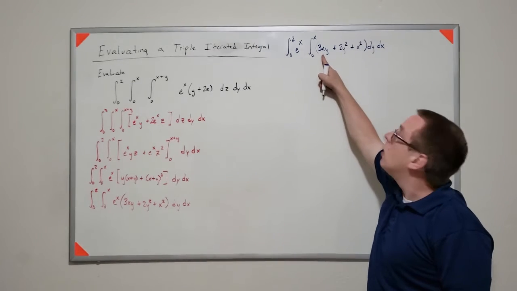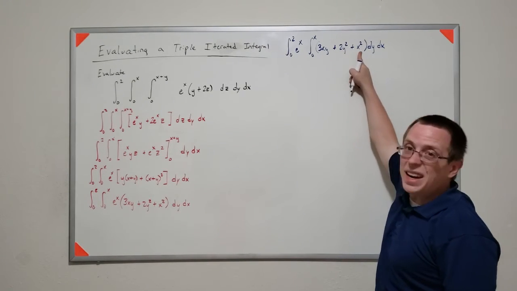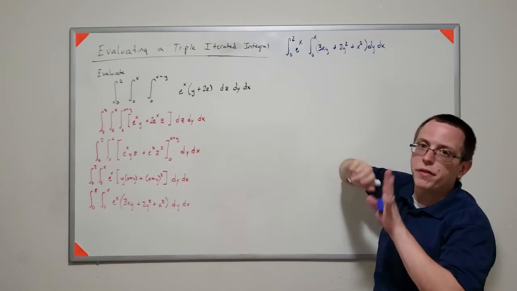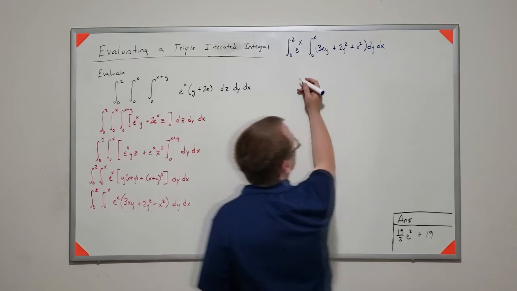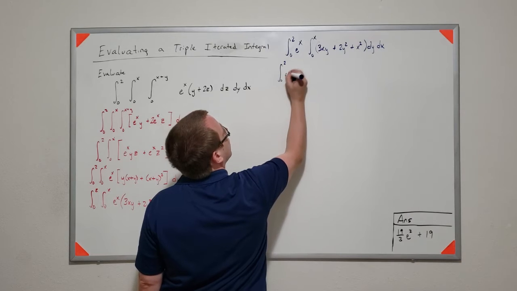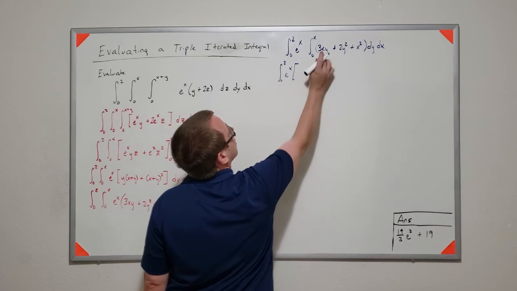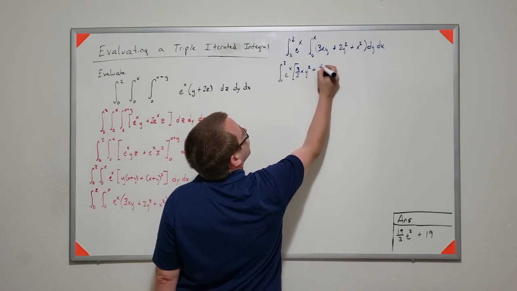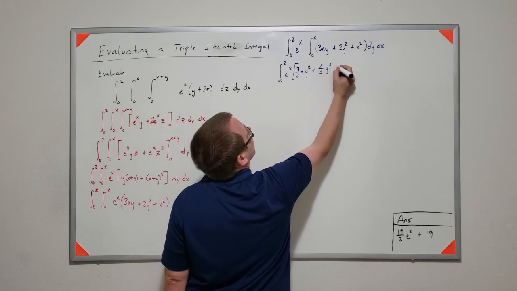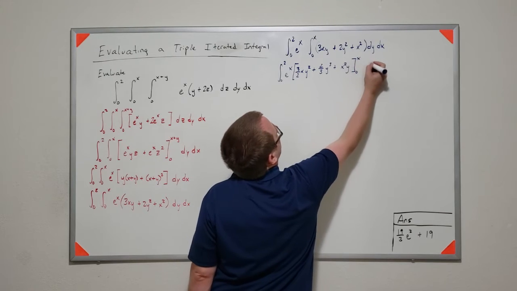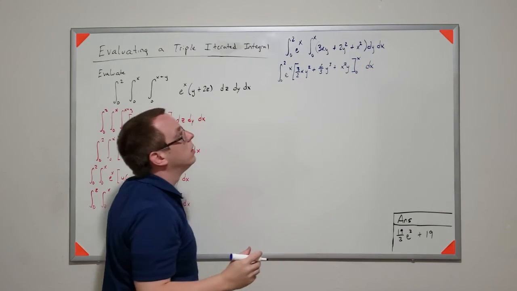So this is not constant. This is not constant. That is constant. So we could do some shifting and pull some stuff out, but let's not do that. Let's just go ahead and get antiderivatives here. 0 to 2, e to the x. So that's going to be 3/2 xy squared plus 2/3 y cubed plus x squared y from 0 to x dx.